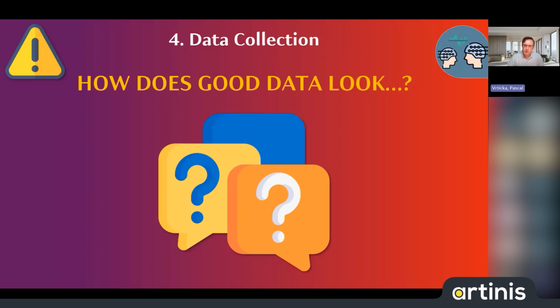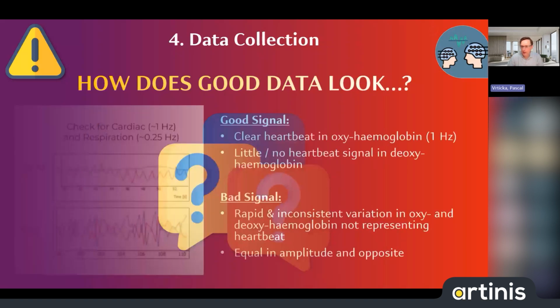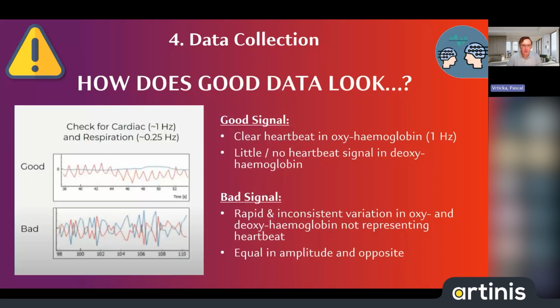And here you can rely on the software package that is provided by the manufacturer, that indicates just very simply, you know, green is good data, orange is medium data, and red is bad data. But you can also go a little bit more into detail and look at your raw data, your raw signal, which we usually do, for example, in our lab.